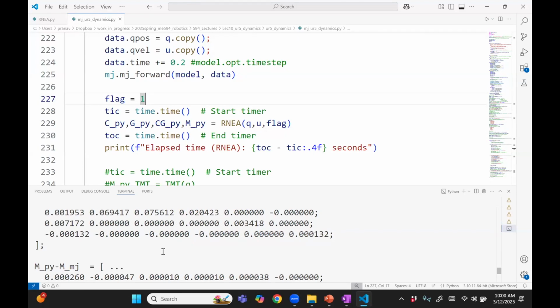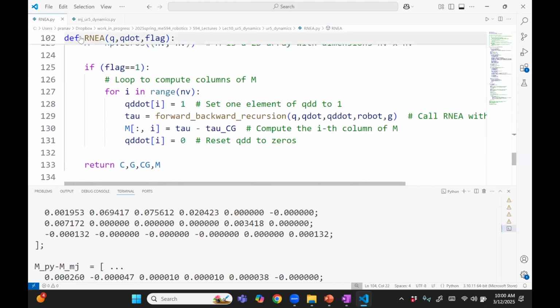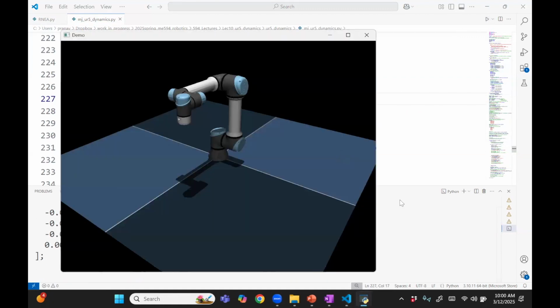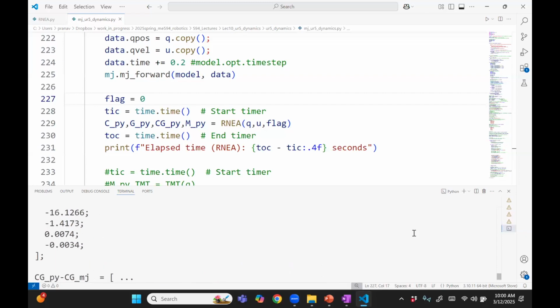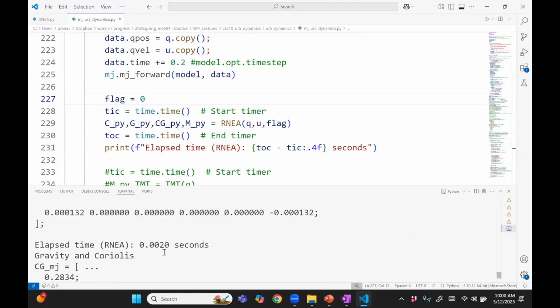Now, of course, one way is to switch from Python to C, and then your problems will go away. But really, we want to find better ways of computing one specific thing, that is the mass matrix. In fact, if you put 0 over here, which is basically now going to skip computation of the mass matrix, you see that the time reduces from about 10, 11 milliseconds to almost, how much? 0.002 milliseconds, right?